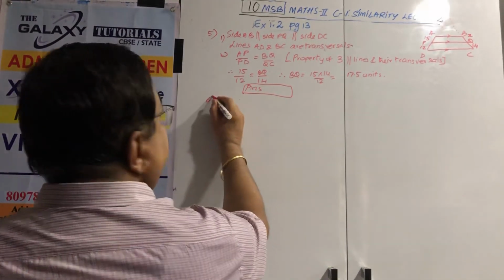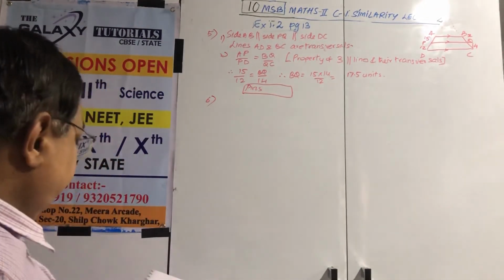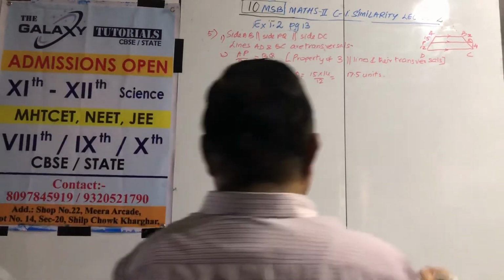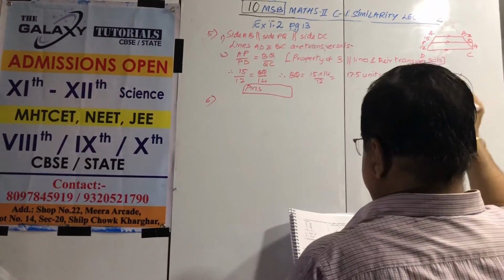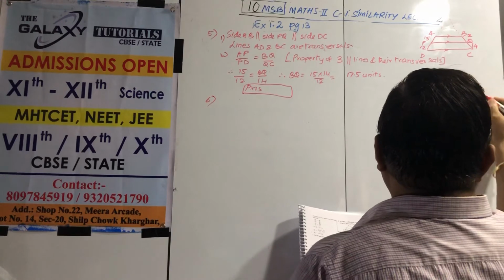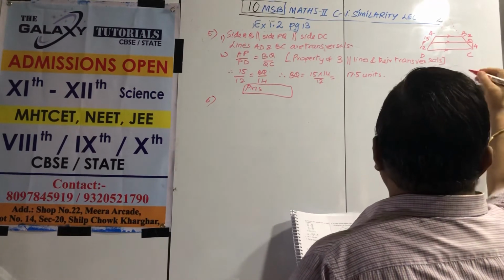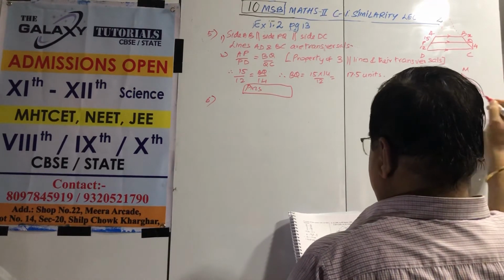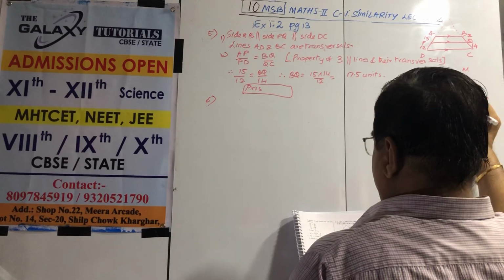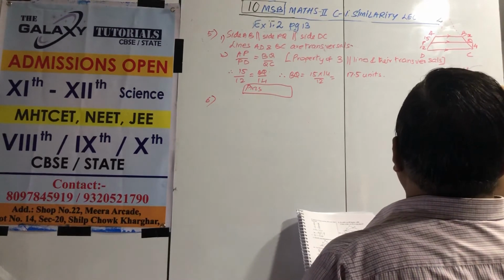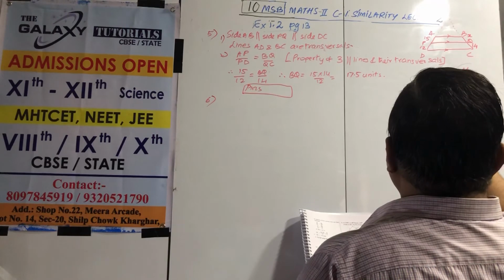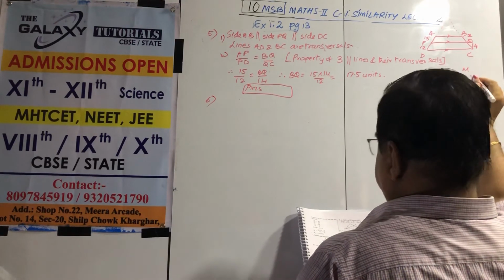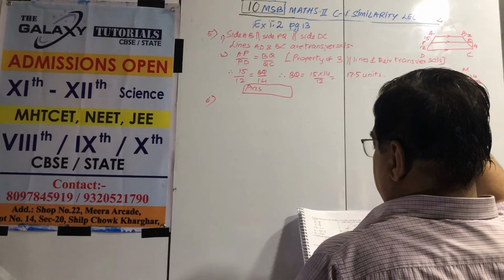In sum number 6, we have in the diagram M, N, P, 40, Q, angle bisector, 14 and 25.